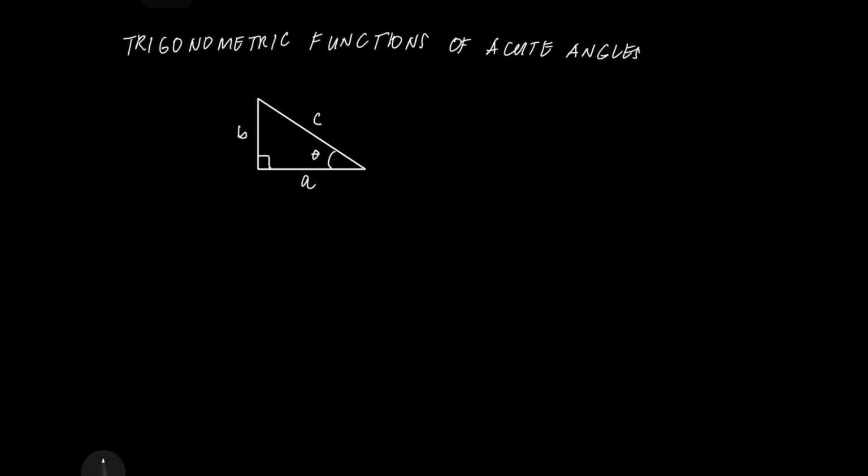Now, finding the values of the sides of a triangle and its angle measures is called solving a triangle. Solving a triangle means finding the value of all sides and the value of the angles.